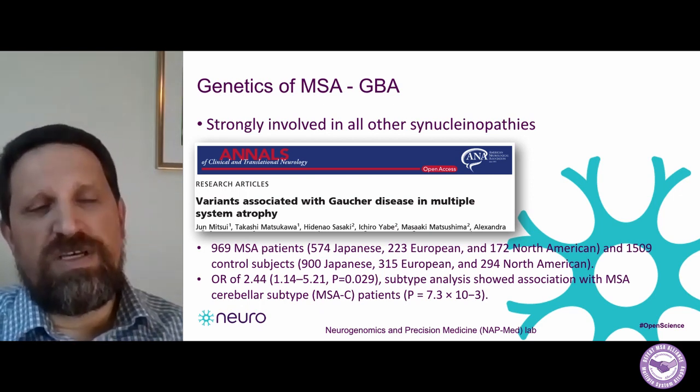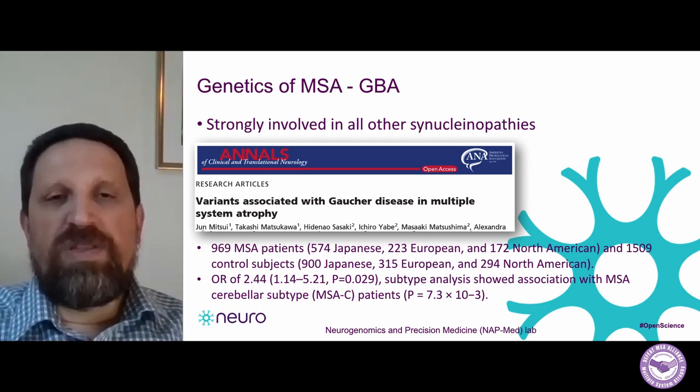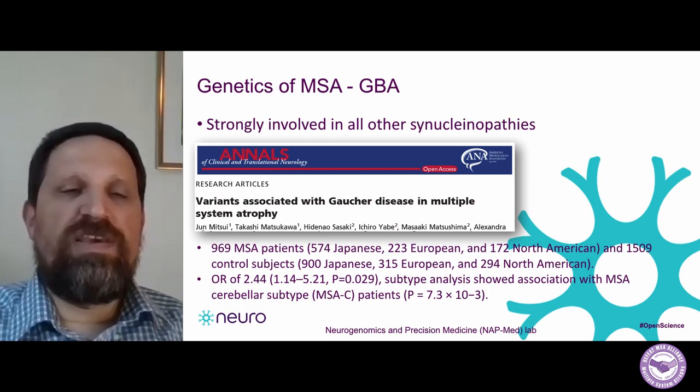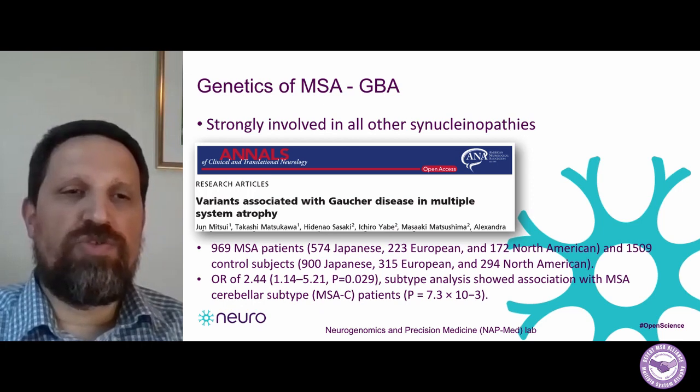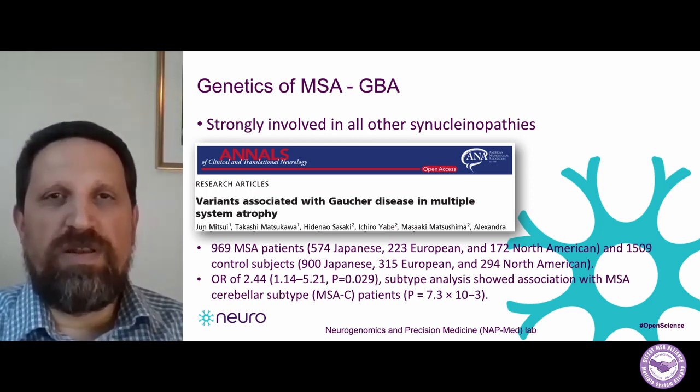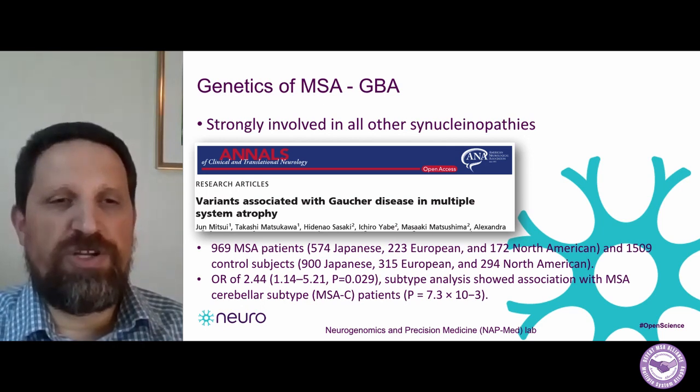So this is interesting, but when we compare this to what we see in Parkinson's disease and dementia with Lewy bodies, the effect size that we see here, the 2.5-fold effect on risk, is much smaller than what we see in PD and in dementia with Lewy bodies.